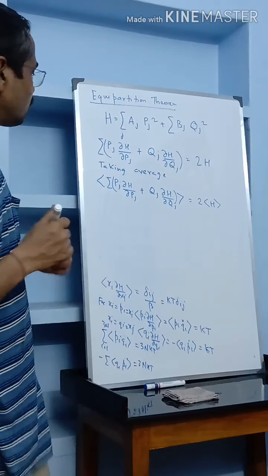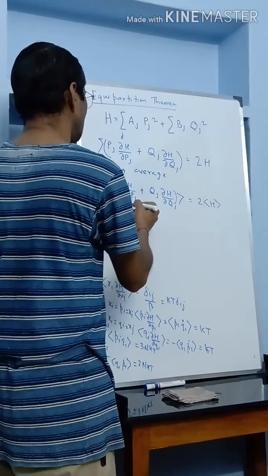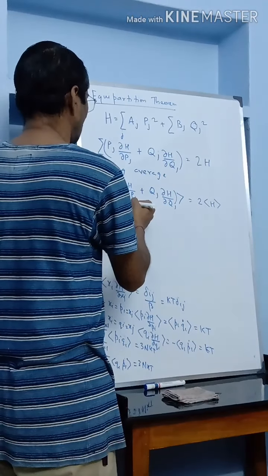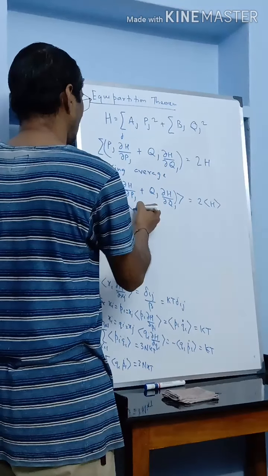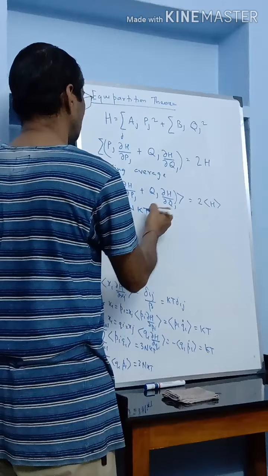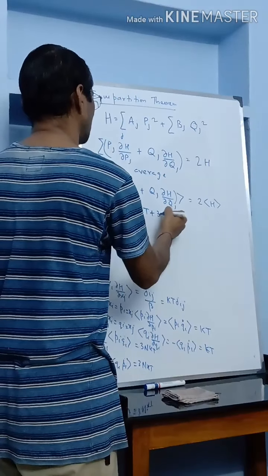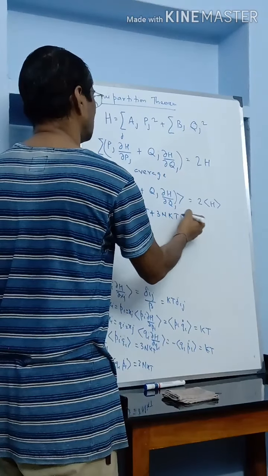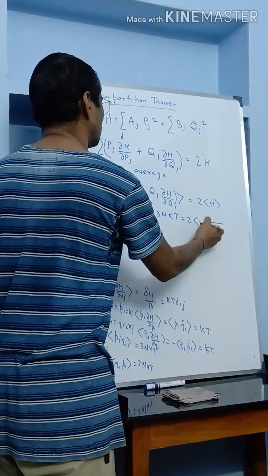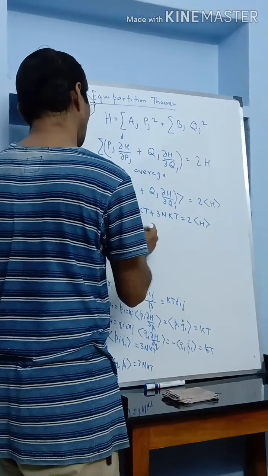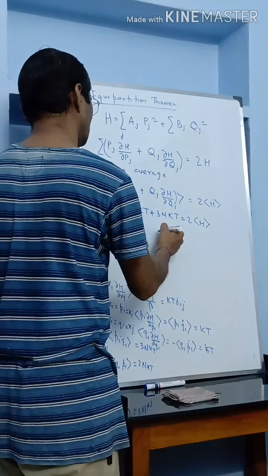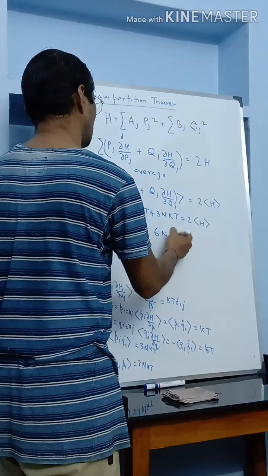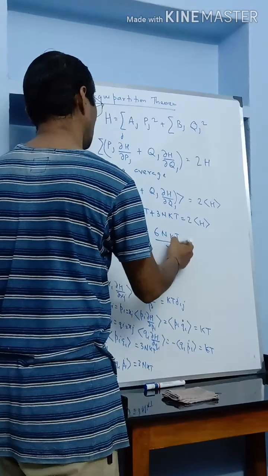And obviously the left hand side is equal to 3N kT plus 3N kT, and this should be equal to twice the average of H, or average of H is equal to 6N kT by 2.